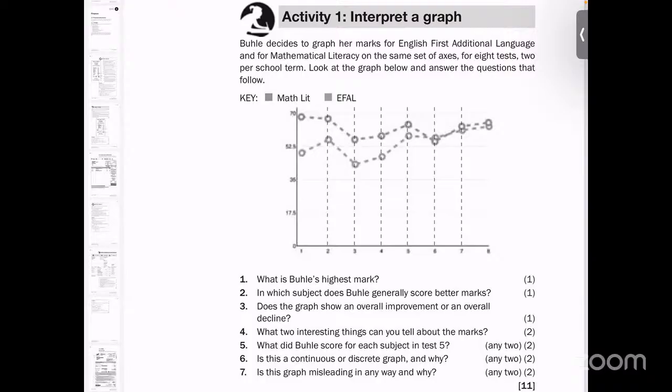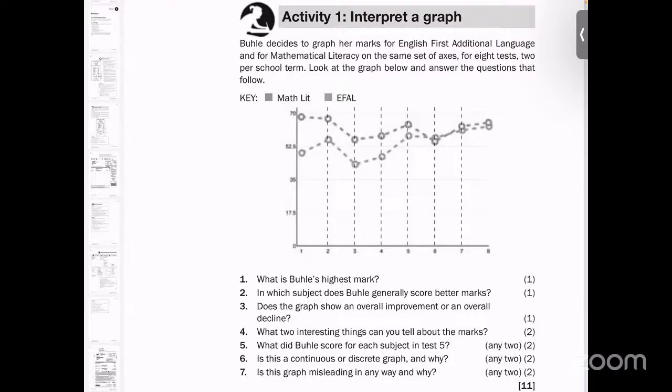Okay, then it's fine. So you look at that, and you will realize that on the vertical axis, possibly those are the marks. By just looking at that graph, you can tell that on the vertical axis is where we possibly have the marks, and on the horizontal axis it should be the number of tests, as we counted there, and we counted them to be 8 tests.